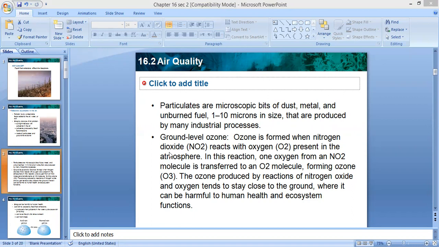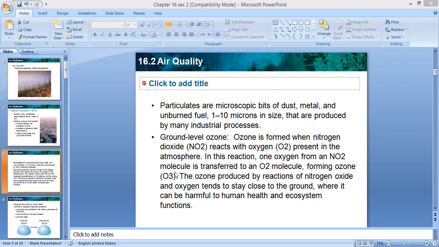We said that nitrogen dioxide is a gas like other gases released by the burning of fossil fuels. Okay? And I have oxygen O2 in the air. When nitrogen dioxide appears in the atmosphere, it reacts with oxygen and forms ozone. A reaction happens between them: one oxygen atom from the NO2 transfers to the O2, and instead of O2 I get O3, ozone.